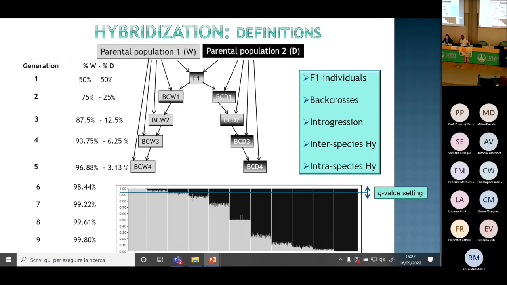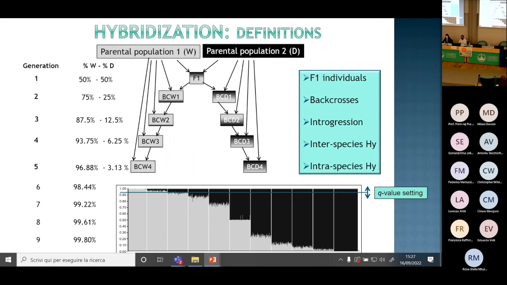Before going on with the presentation, it's important to clarify some concepts to avoid erroneous conservation management actions. For example, the term F1s indicates individuals directly originated from the crossing between individuals from two taxa. If these F1s are fertile, they can cross with individuals belonging to one of the parental populations, originating the so-called backcrosses.